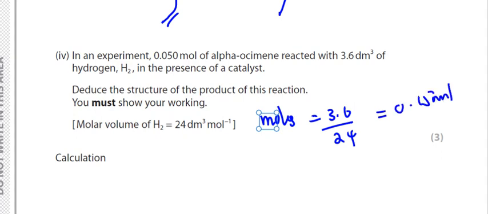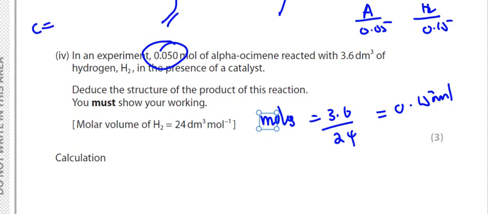So let's look at the ratio. You have 0.05 of this molecule, say A, and hydrogen moles 0.15. So let's see how many carbon-carbon double bonds there are, because if there's one carbon-carbon double bond, it needs 1 mole of hydrogen. 1 mole of hydrogen contains 2 moles of atoms, right?